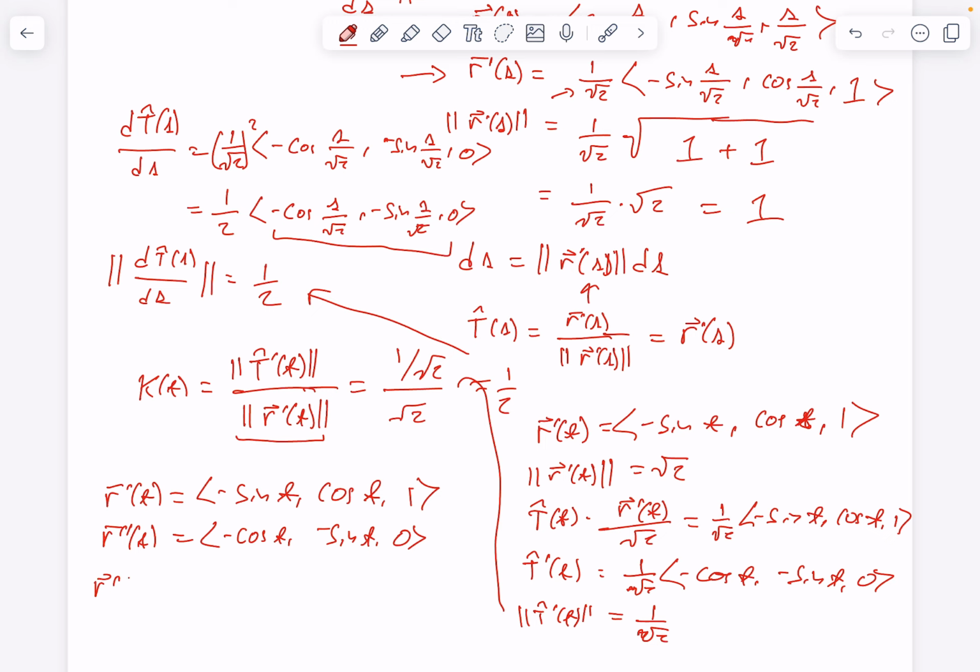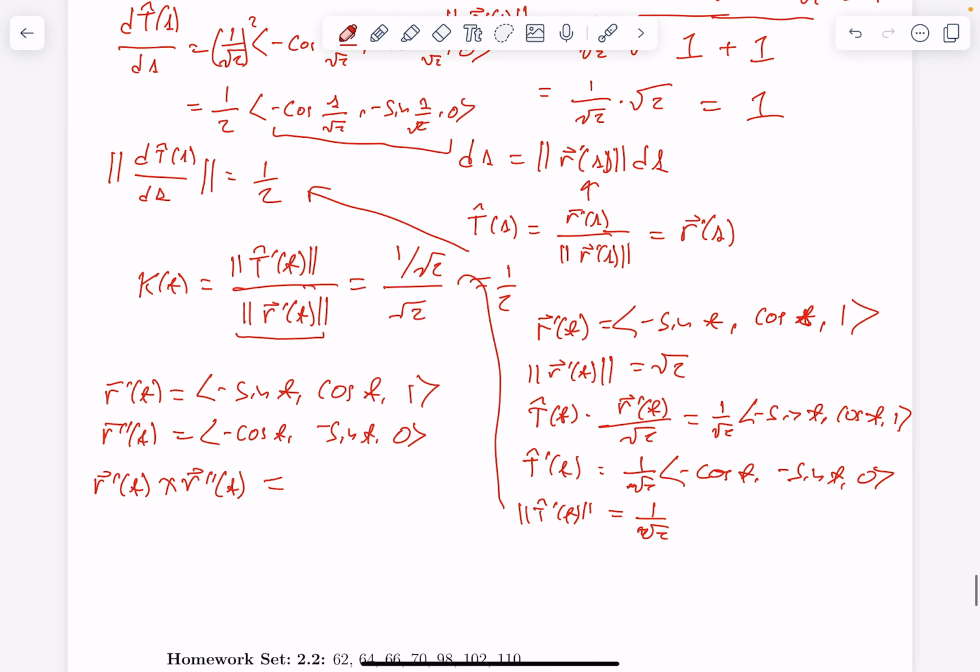I cross them now, and get, let's see, do my i component, that's going to be negative sine, positive sine, 0, times negative cosine t, and then sine, and then this one here is just 1. So that cross product is equal to that.